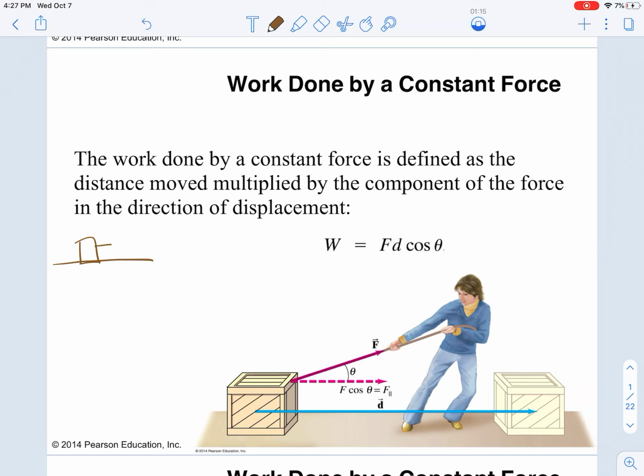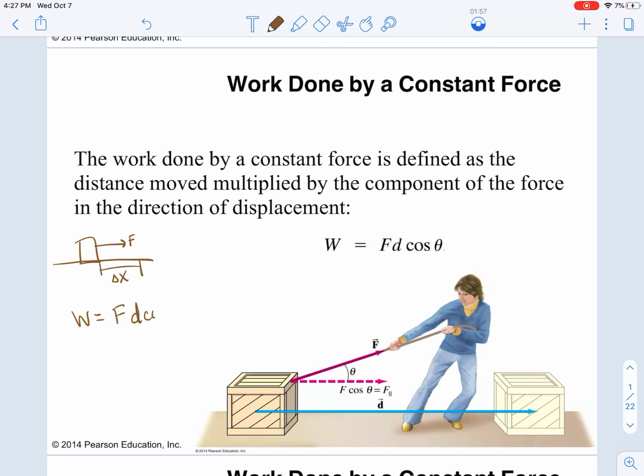If the woman is applying a force so that force is parallel to the ground, so if she were to squat down real low and pull along a perfectly horizontal vector, and that is going to cause the object to experience a displacement, then we would say that the work she performs is all of the force being applied times the distance that the object has been moved. Now the formula here says FD cosine theta.